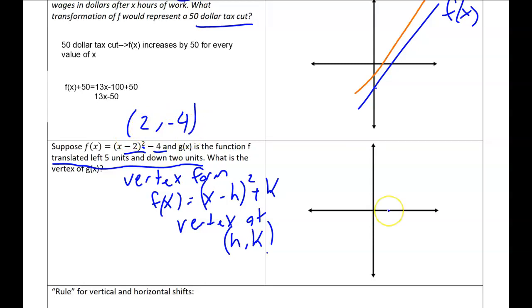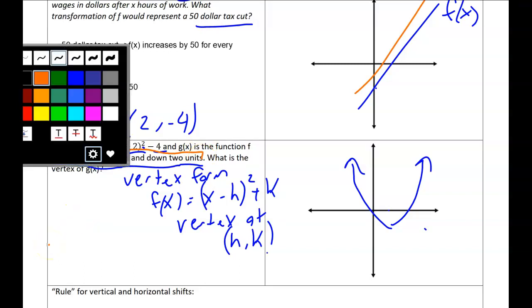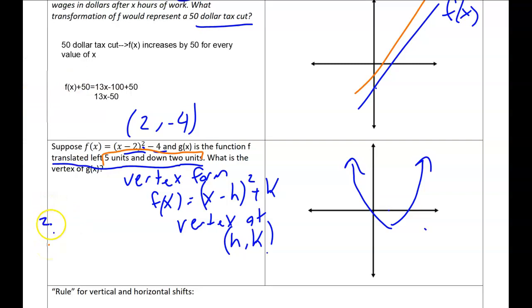And that's about here. And I'm just going to sketch a parabola. It doesn't have to be exactly what it would look like. Positive 2, negative 4. Okay. Left 5, down 2. Well, left 5, down 2 would be my new vertex. If my old vertex was 2 comma negative 4, left 5 would be 2 minus 5, which is negative 3.